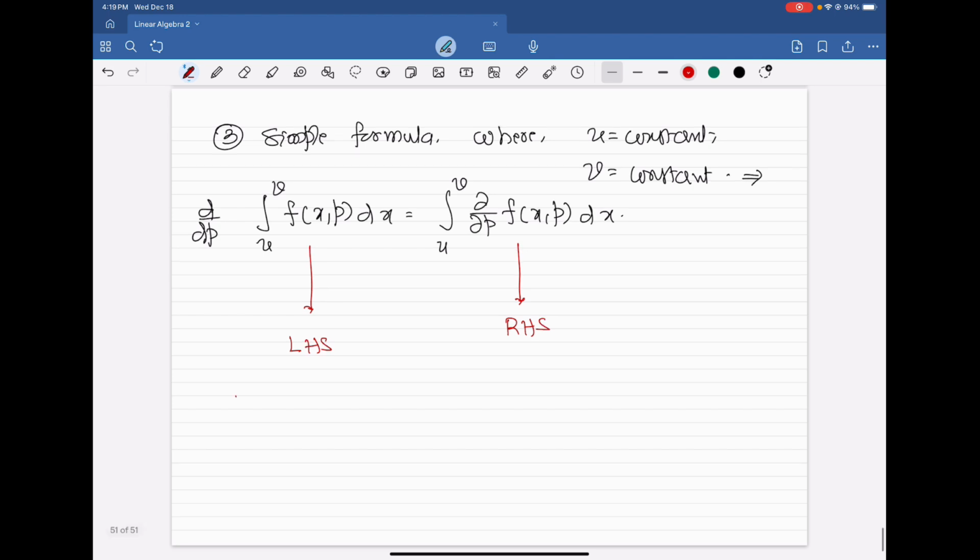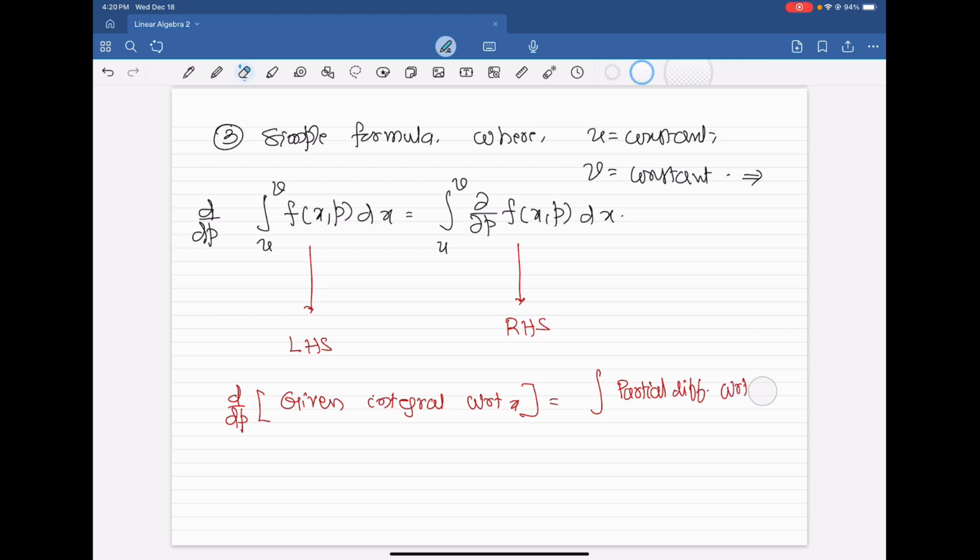Let us say d by dp of some given integral in the question with respect to x is equal to, please, it is very important, it's not written in any book, integral of partial differentiation with respect to p, sorry, not x.